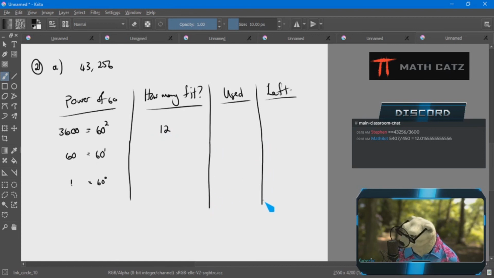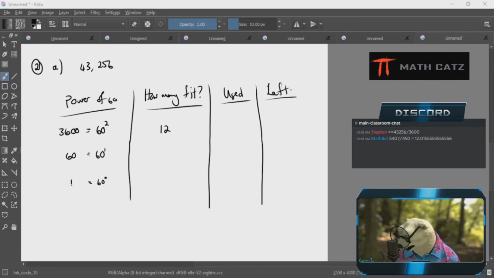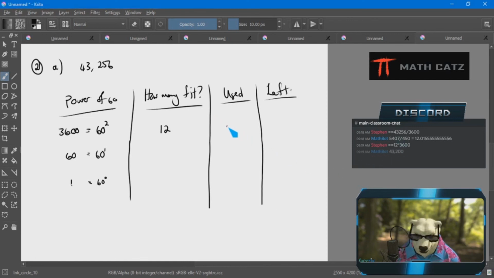Did I do that right? 43256 divided by 3600. Yeah. Okay. Then how much have I used? Well, that's a multiplication. 12 times 3600. And I see that I've used 43,200. I have 56 left.